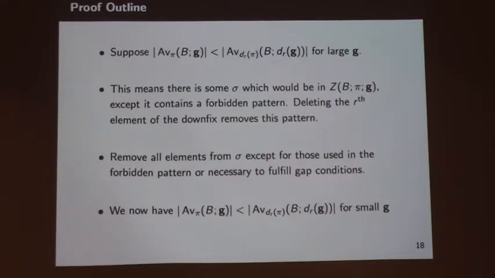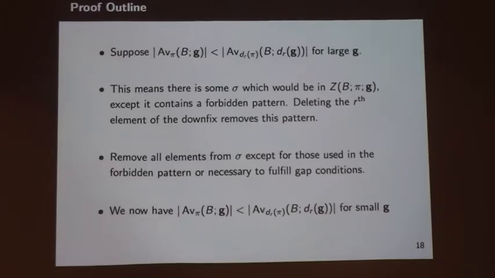Well, in that case, let's take that permutation that was a problem and remove all of the elements except for the ones that actually participate in that forbidden pattern. What you're going to end up with is a permutation that's still a problem, because it still has a forbidden pattern that you can get rid of by deleting the rth downfix element, except now its size is smaller than the bound we have to exhaust up until.